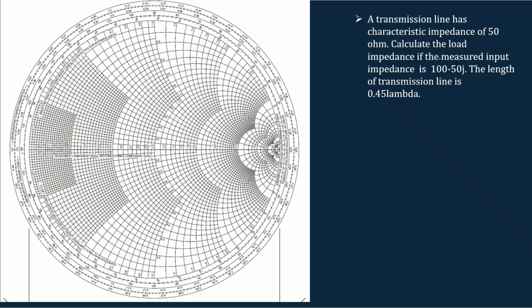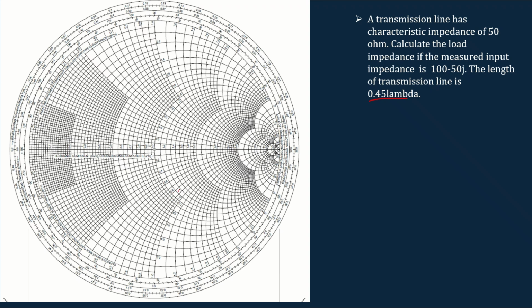Okay, so I just want to quickly go through the steps. Normalize the given value, mark that point, then find the wavelength, add the transmission line length and find that value, extend a line from the center to that point, draw a circle, and find the intersecting point.